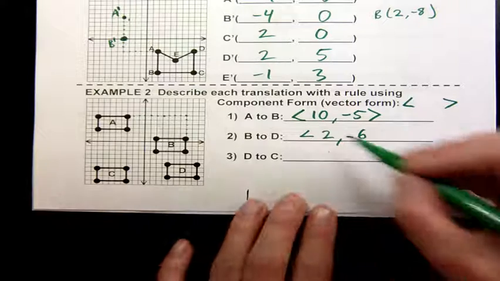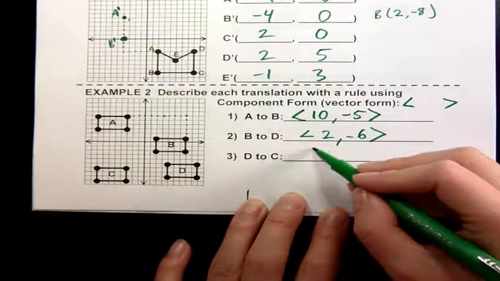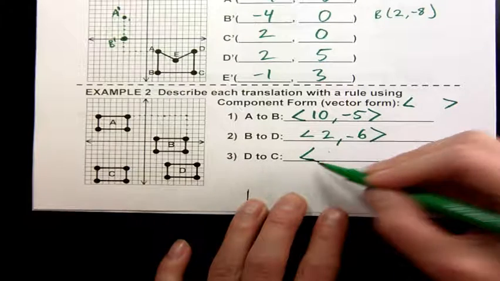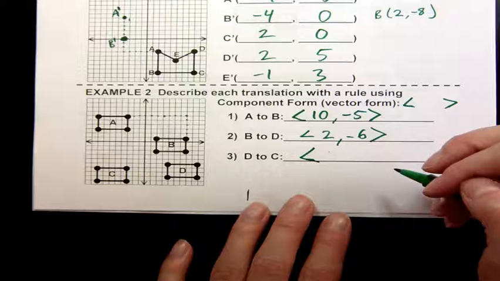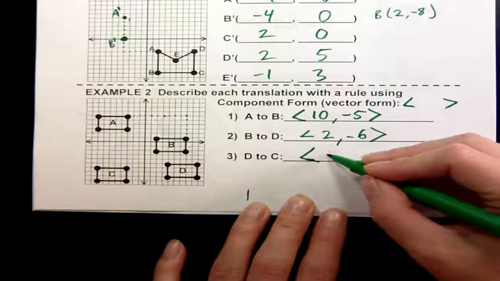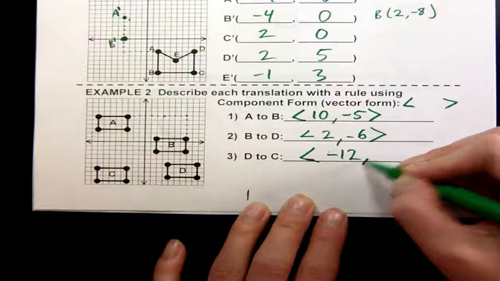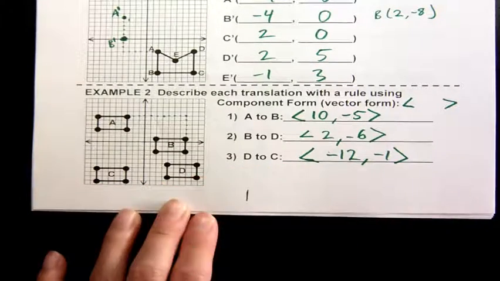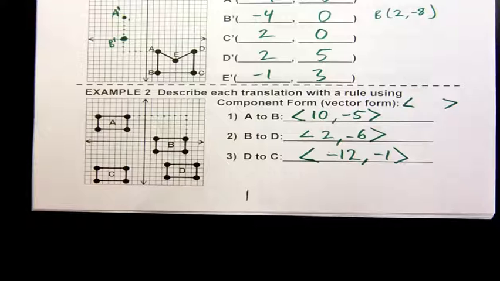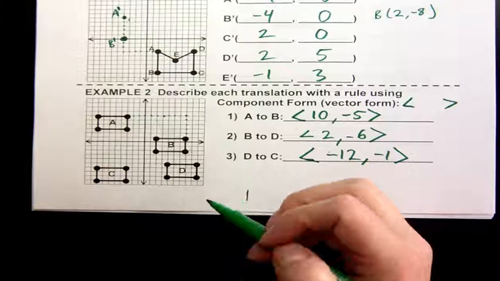All right, and what did you get for the last one? I have something different. Yeah, negative 12. Negative 12, negative 1 when we go all the way to that corner. It has to be the same corner.